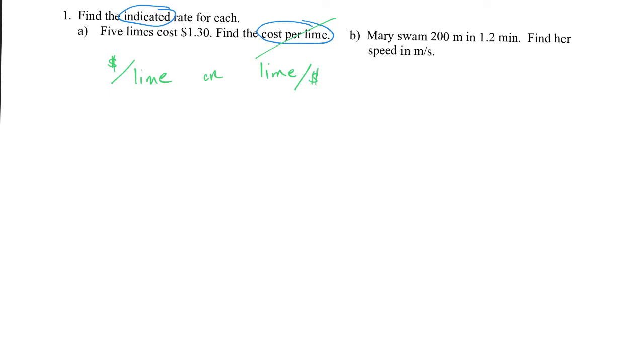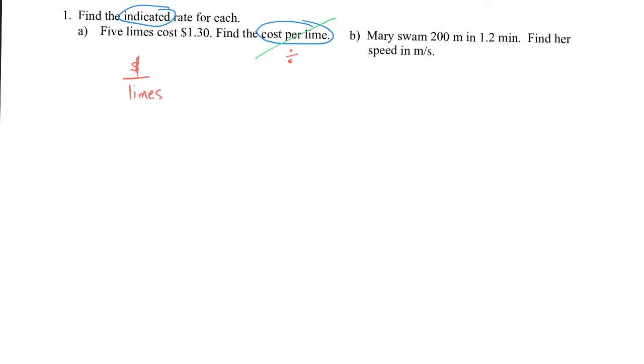But because the problem said cost per lime, we don't have a choice. It's telling us how to calculate it. If we recall that the word per means divide, we need to take our amount of dollars and divide it by the number of limes.